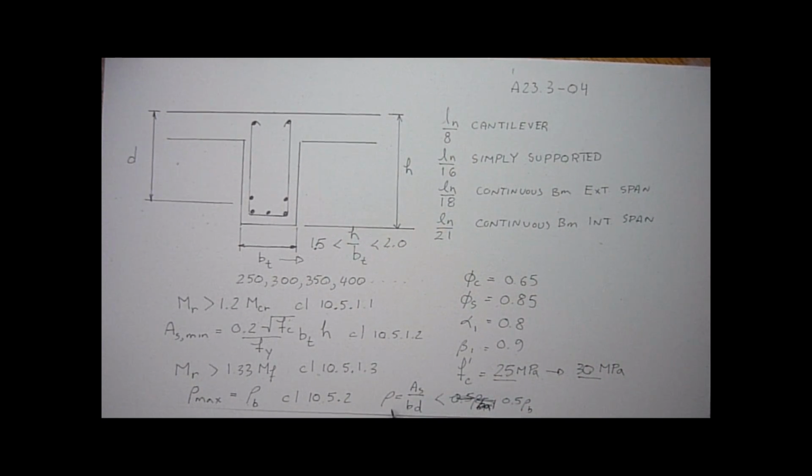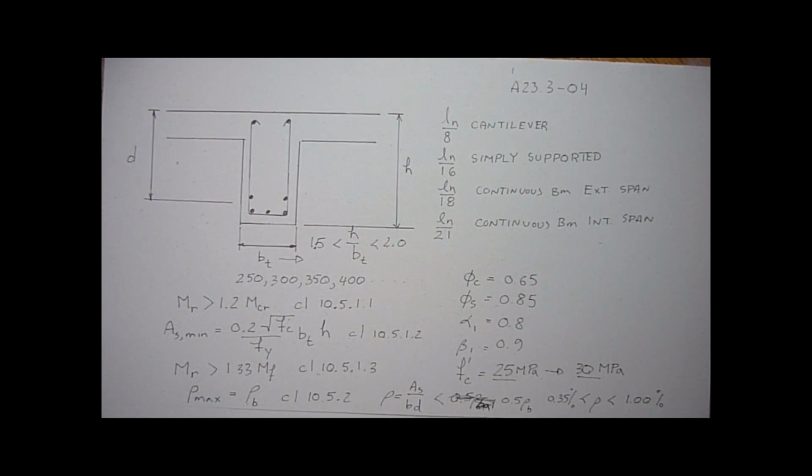If you can, try and keep it below that value, and also keep the rho value between 1% and 0.35% for beams. It comes with the more economical designs, but they're just rules of thumb, really.